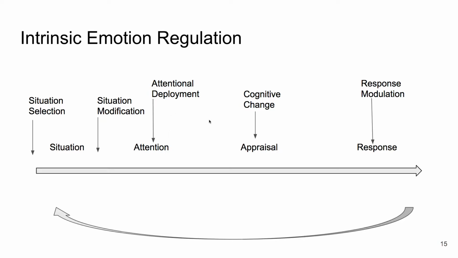Attentional deployment is how we manipulate our attention so we're not really focusing on the thing that's giving us emotional distress. Cognitive change is really focusing on processing the meaning of the situation. And response modulation is thinking, okay, I'm going to change my response, my behavior to this.